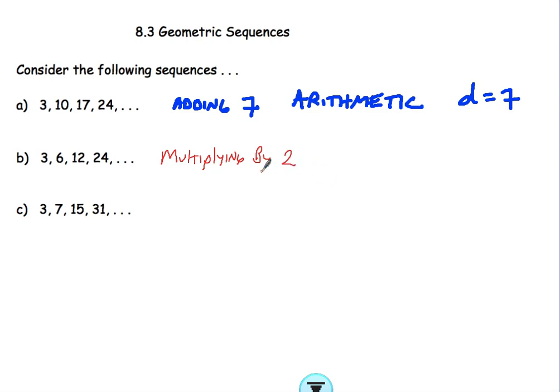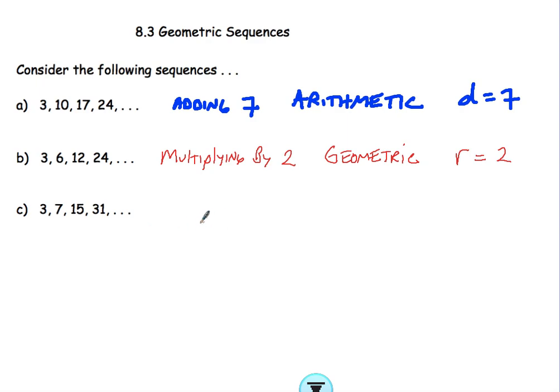So that's the pattern. Now, when you are multiplying by the same number each time, that's geometric. And instead of having a common difference, now we're going to have what's called a common ratio. And the common ratio is the thing that you are multiplying by each time. So in this case, the common ratio is 2. We'll talk more about that on the next page.